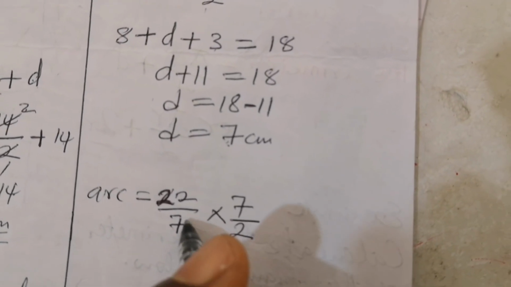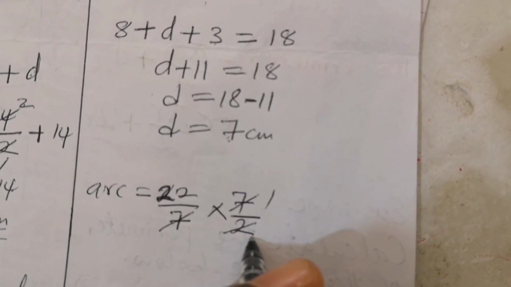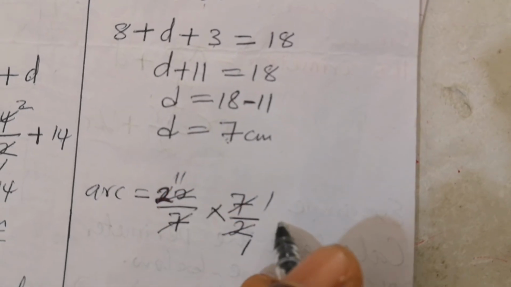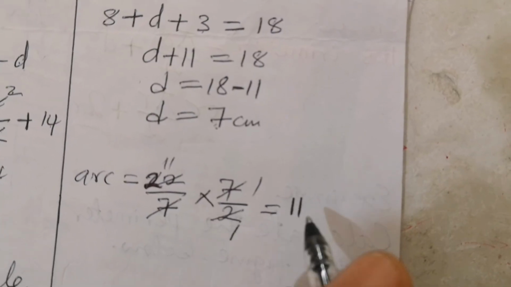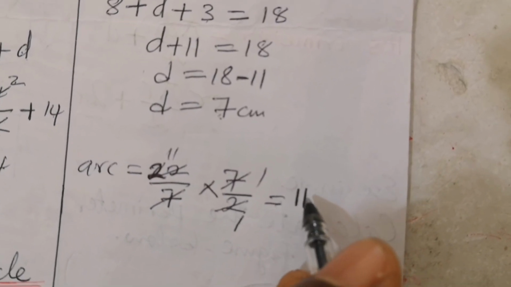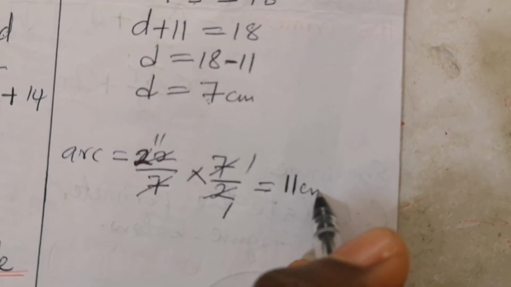If I cancel out, 7 here is 1, 7 here is 1, 2 here is 1, 22 here is 11. So the arc will be 11. I have gotten the value of my arc, which is 11 cm.